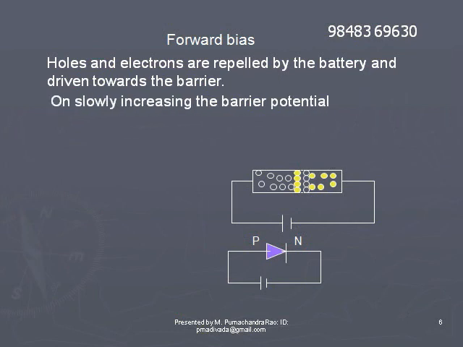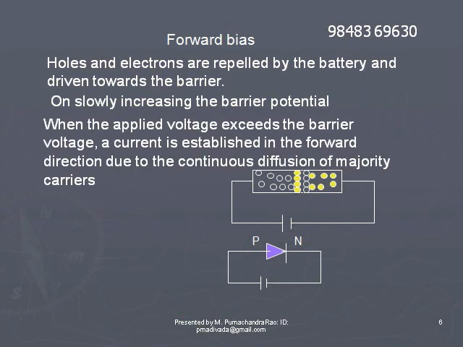and the current starts flowing in the diode when the applied potential difference by the cell is greater than the barrier potential. So when the potential established by the bias exceeds the barrier potential, a current flows in the diode.